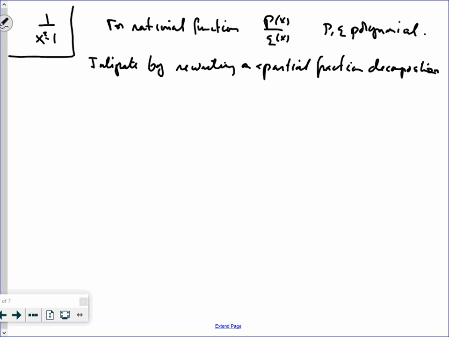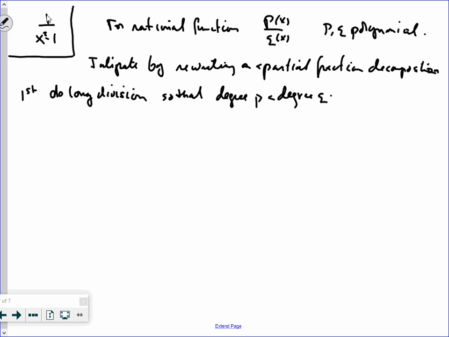Now, basically to do this, we have to first assume that if you need to, you do long division so that the numerator degree is less than the denominator degree.